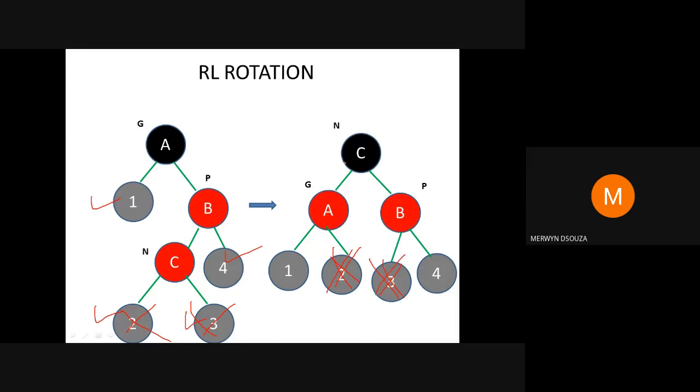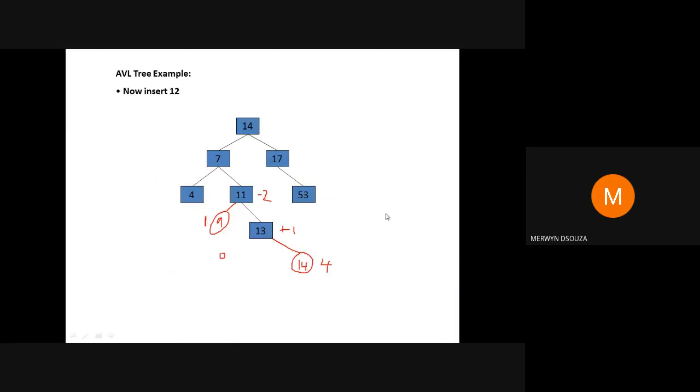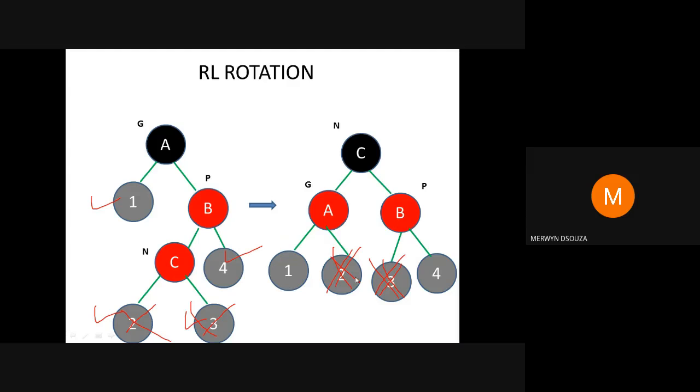When you apply the rotation, you would do C, A and B, and 1 would have been added as the left child of A and 4 would have been added as the right child of B. So you would have got C is 12, then A is 11, B is 13, and the left child of A is 1, which is 9, and the right child of B is 14, which is 4. Now I would have just followed this diagram like this.